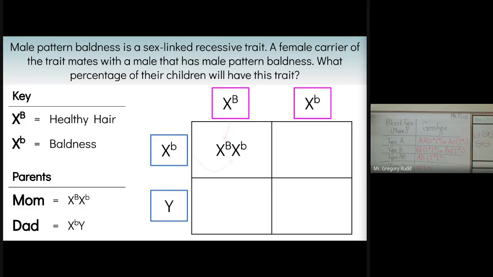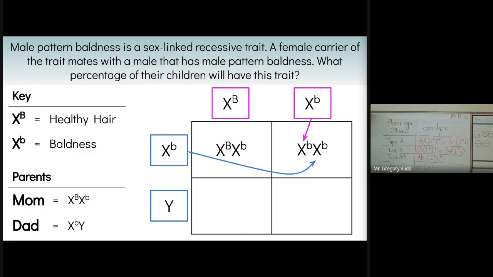Good. Now, you said lowercase. That's fine. Typically, we do the dominant first, but it really doesn't matter. Janelle, what's going on? That's lowercase.